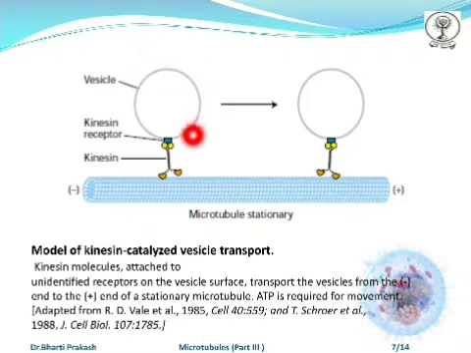This is the vesicle, the cargo that has to be dragged to the positive end. So the kinesin molecule attaches to the vesicle and transports it to the positive end of the stationary microtubule.